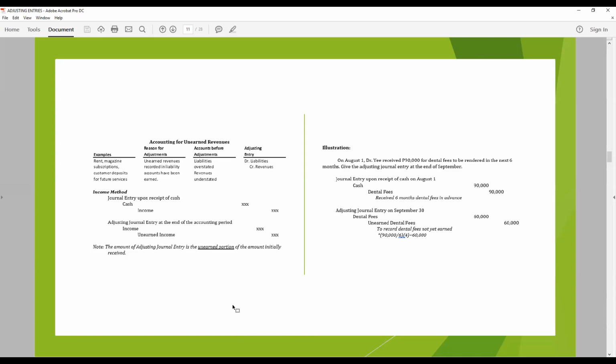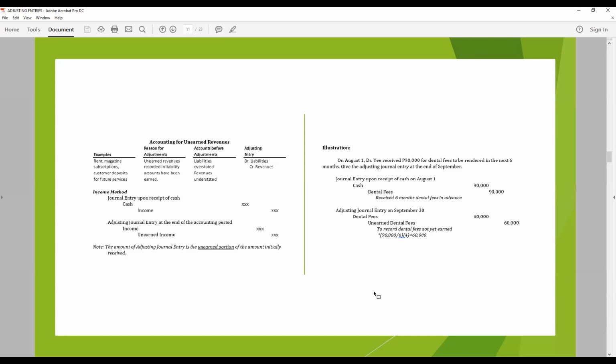So example, on August 1, Dr. You received 90,000 for dental fees to be rendered in the next 6 months. So give the journal entry at the end of September, adjusting entry. So your initial entry upon receipt of cash is debit cash 90,000, credit dental fees or dental revenue 90,000.